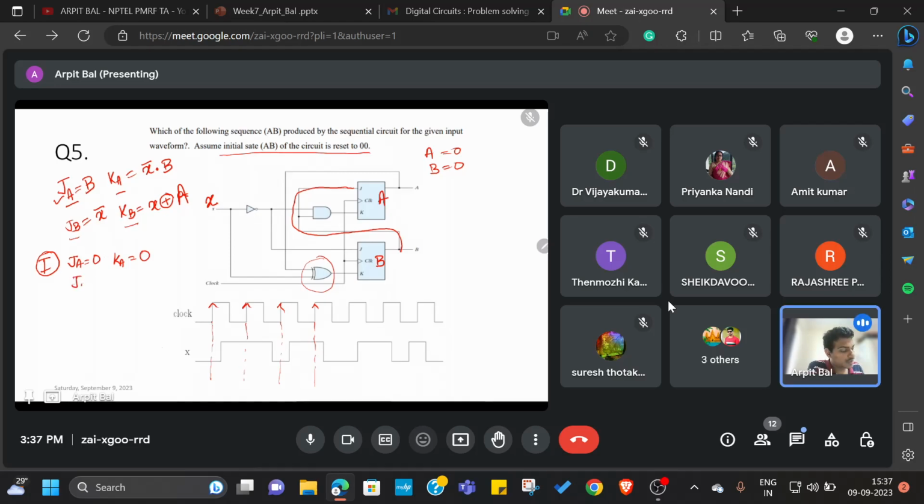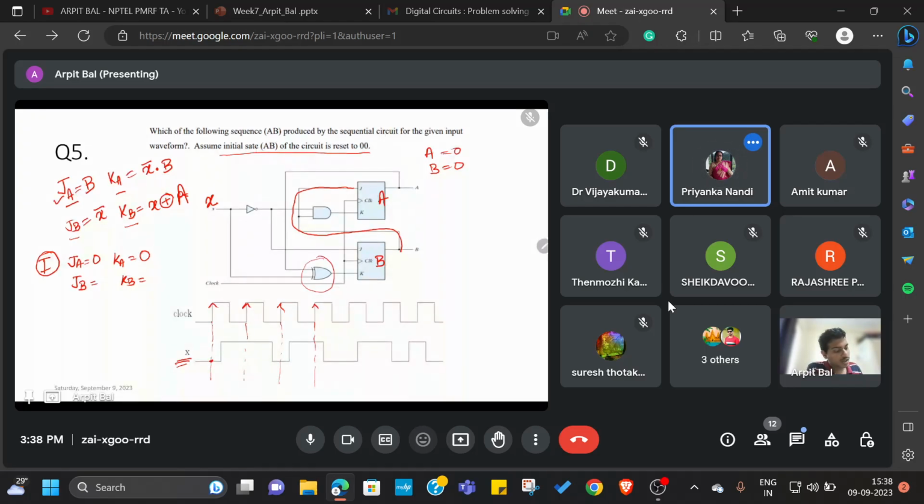So similarly, what will be JB and KB? For finding JB and KB, you need to know what is X. And what X is, is given here. So when the clock edge arrives, what is the value of X? 0 it is.